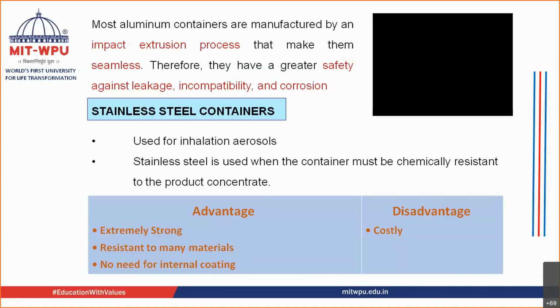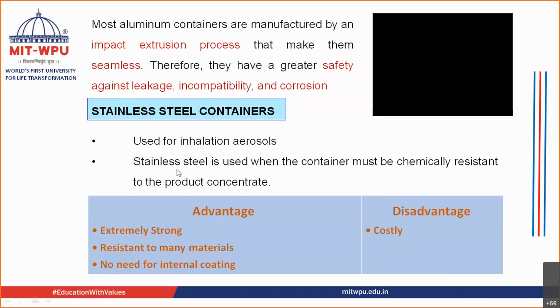Hence this type of extrusion process is not possible with tin plated steel containers. Now the last type of containers, as I told you, are stainless steel containers. These are used for inhalation aerosols, the aerosols which are to be inhaled, as in case of asthma, etc.